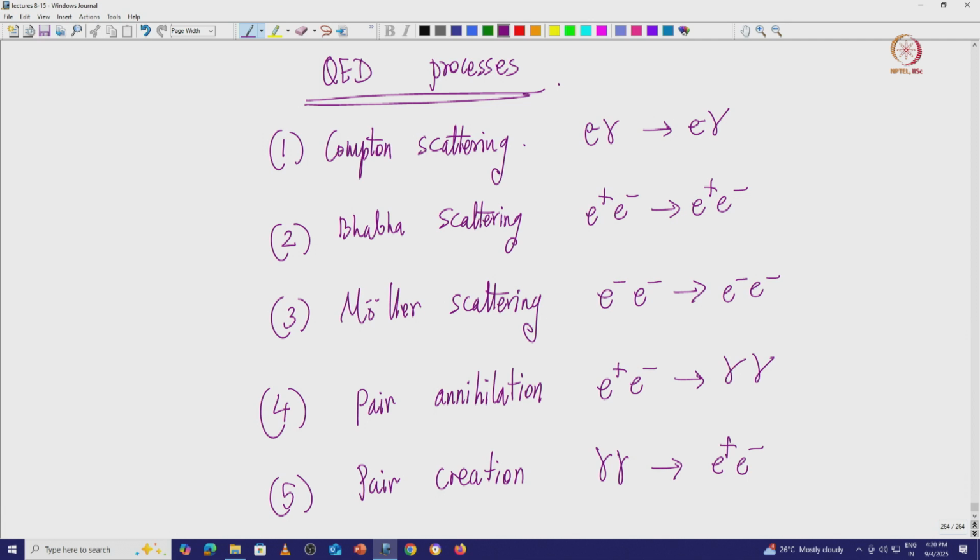For the present, in these lectures we will learn how to draw the Feynman diagrams for each of these processes systematically, and compute at least one diagram for each, or at least for one process. We may not be able to compute all of them. The most important one is Compton scattering.